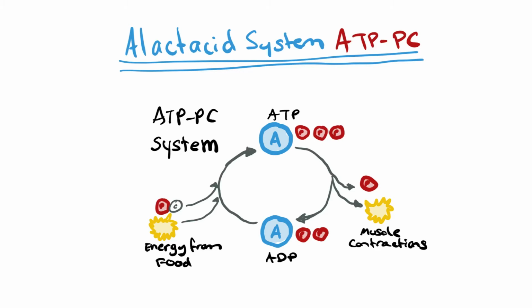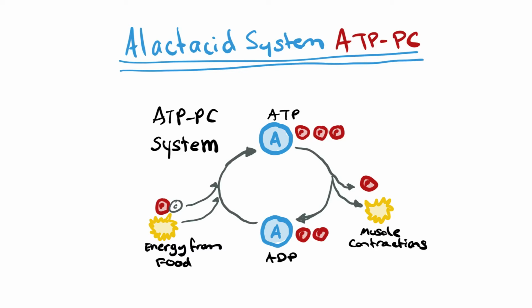Now the recovery process is highly dependent on the intensity of the activity, but the activity intensity decreases or ceases once that activity stops. We can start to reproduce or resynthesize that ATP-PC production. One thing you'll notice with recovery rate is that the breathing is increased so that the PC can be replenished in the presence of oxygen, so a lot quicker.